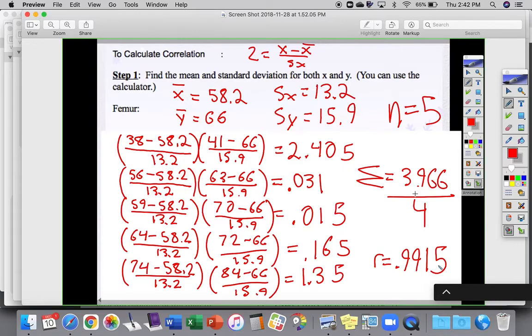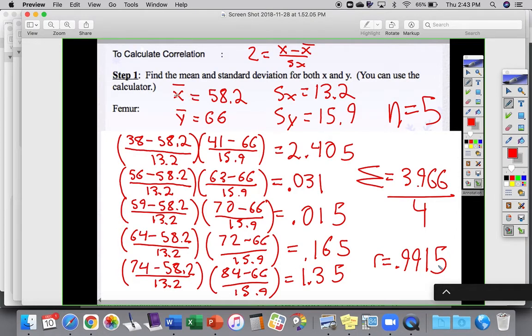And then the last thing to do in the formula is to divide by n minus 1. So 5 sets of points. There were 5 points on our scatter plot. So dividing by n minus 1 is dividing by 4. R equals 0.9915 for this data.